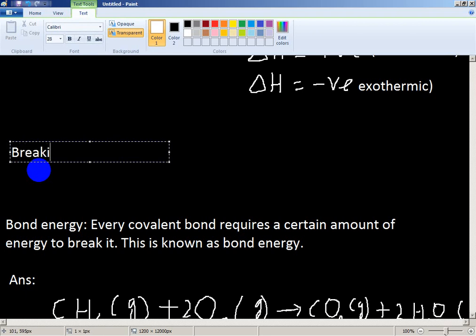Breaking bonds. This is a side note, not the answer. You don't write it in the middle of the answer. Breaking bonds needs energy, so it is endothermic.